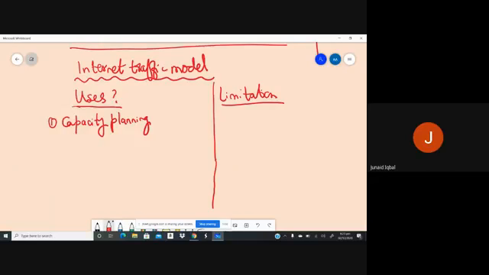In the access layer and the core layer, we use the NetFlow technique with Cisco routers to identify the top talkers. So something like a stochastic model would definitely help in forecasting the future traffic. That's good.